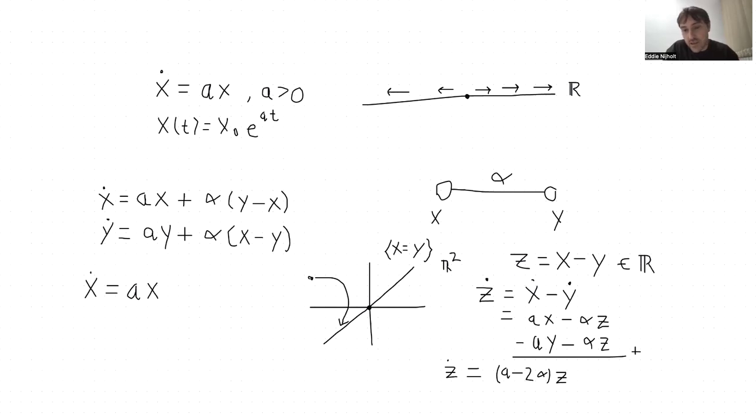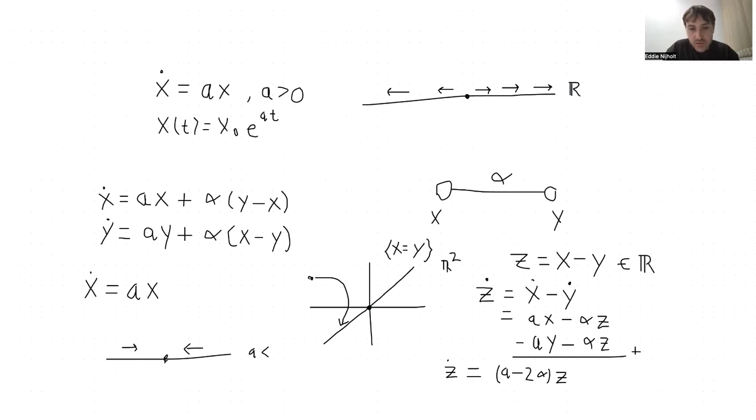If this number, a minus 2 alpha, is negative, then the z variable just shrinks and gets closer and closer to zero. So this is when a minus 2 alpha is smaller than zero. So a has to be smaller than 2 alpha.